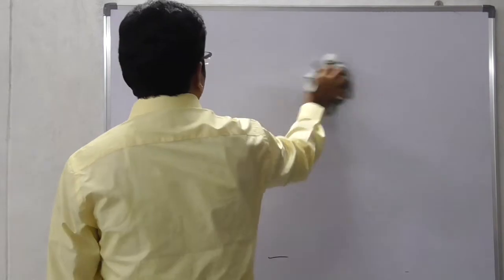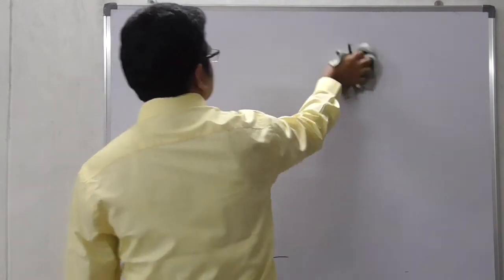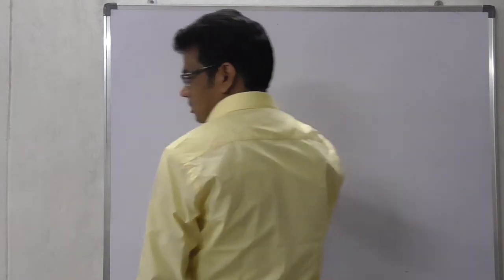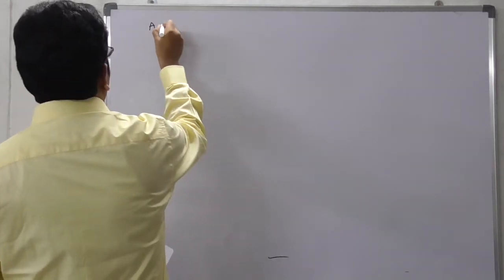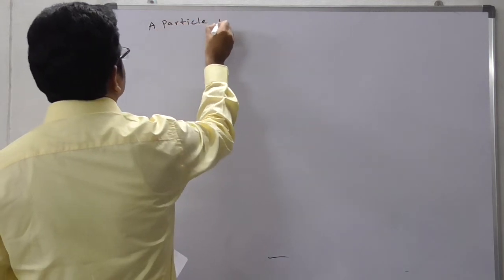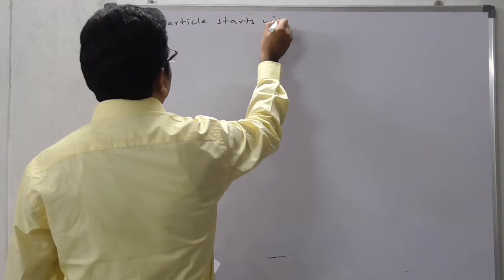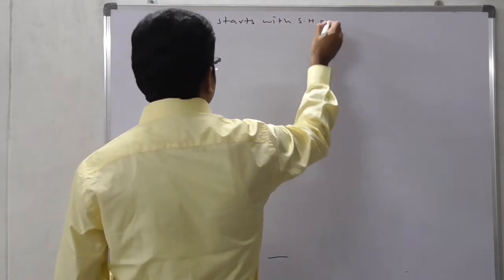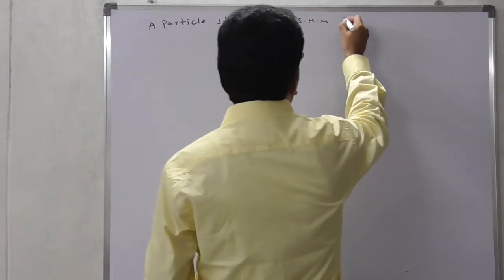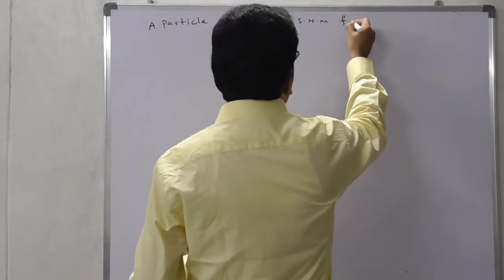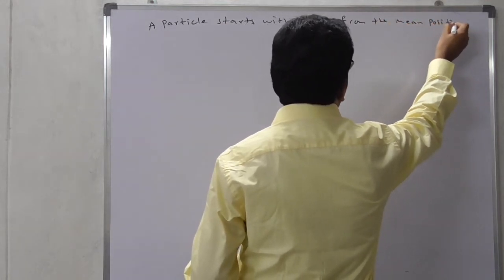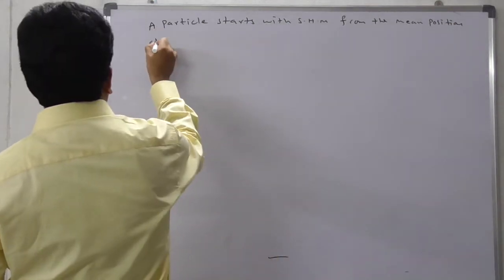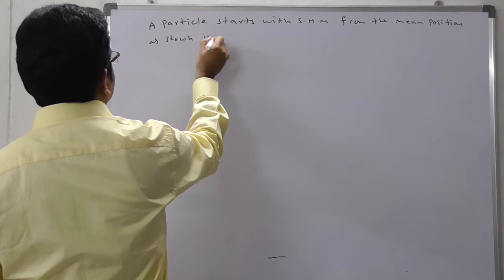So very simple one. Just go through the concept, automatically you get the idea. Okay, right. A particle starts with SHM from the mean position as shown in the figure.